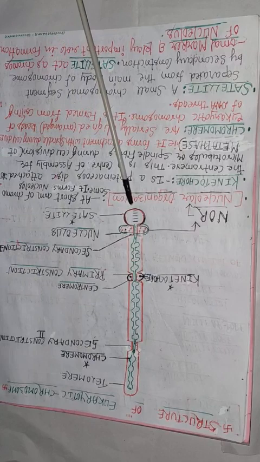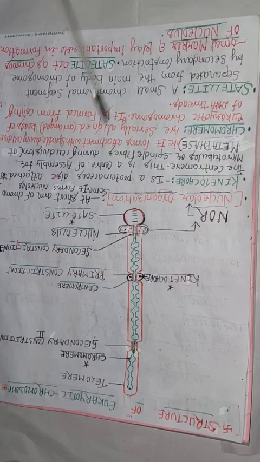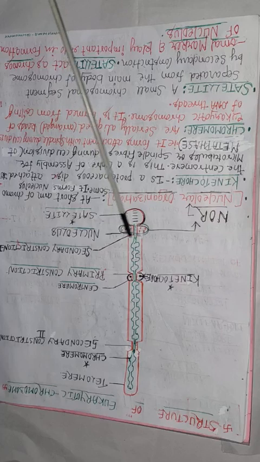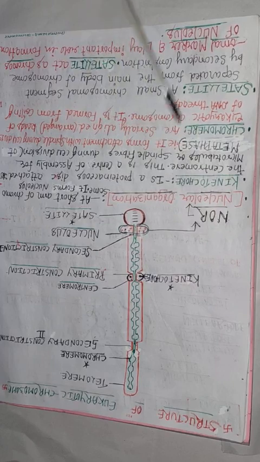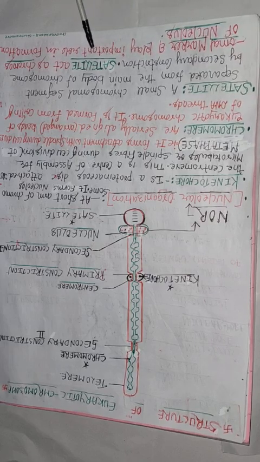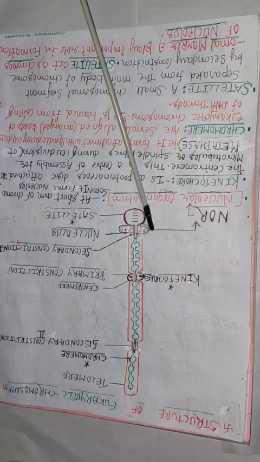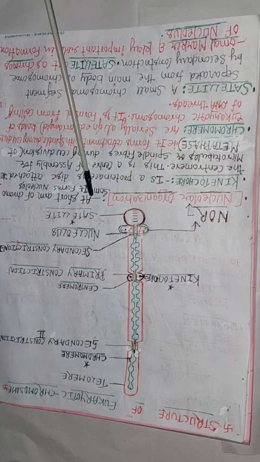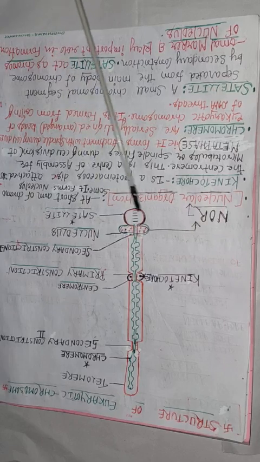This satellite acts as a chromosomal marker and plays an important role in the formation of the nucleolus, and that total organization is called nucleolar organization. It is found at the short arm of the chromosome and it forms the nucleolus. Okay student.